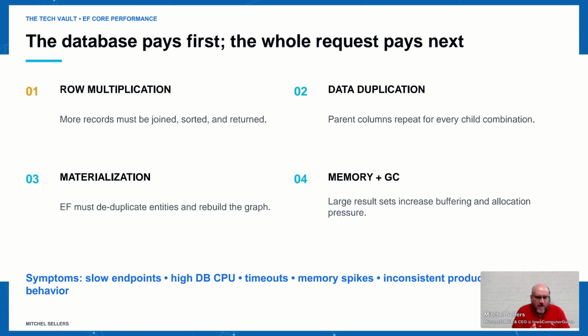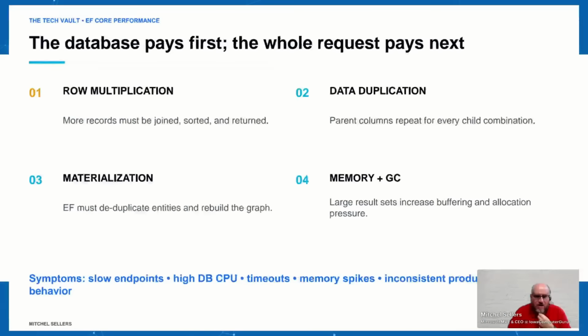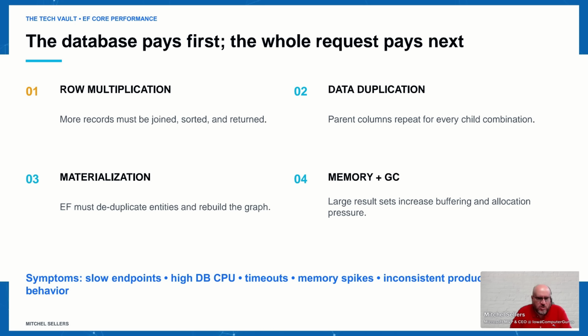Because of all of that, this results in buffering, allocation pressure, memory usage, and otherwise. So we can see slow endpoints, high database CPU, timeouts, memory spikes within the application, and we may see inconsistent behavior along the way, whereas one individual application might be okay, one user might be okay, one data record might be okay.